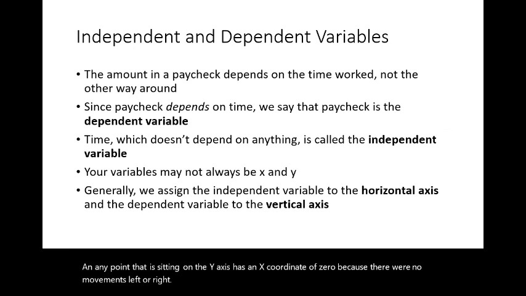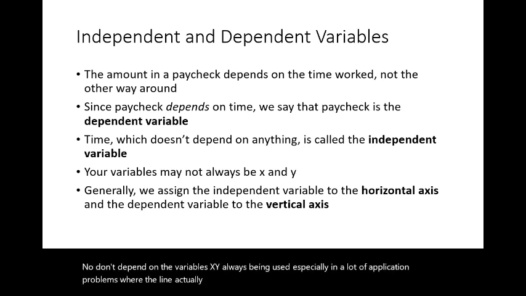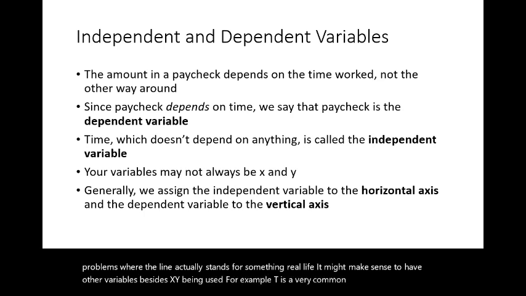Now, don't depend on the variables x and y always being used, especially in a lot of application problems where the line actually stands for something real life. It might make sense to have other variables besides x and y being used. For example, t is a very common variable used to stand for time. C is a very common variable used to stand for cost.